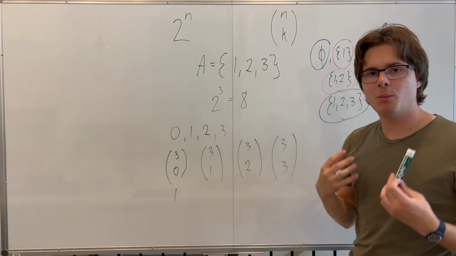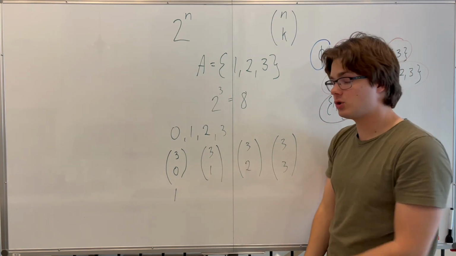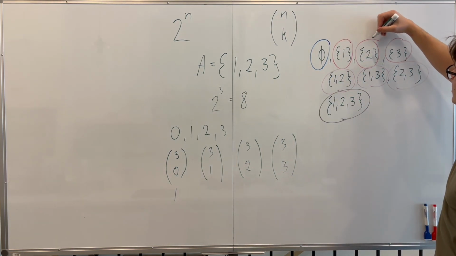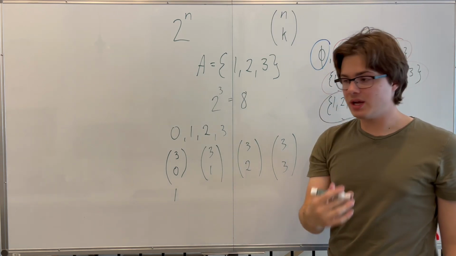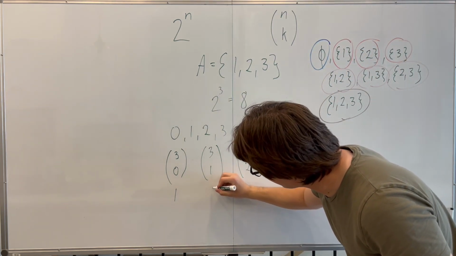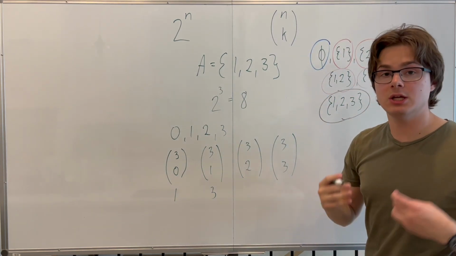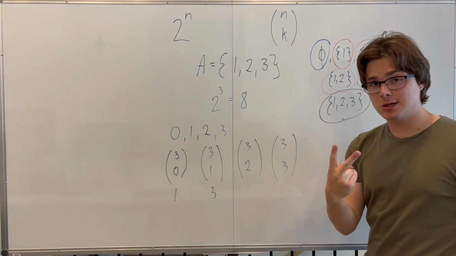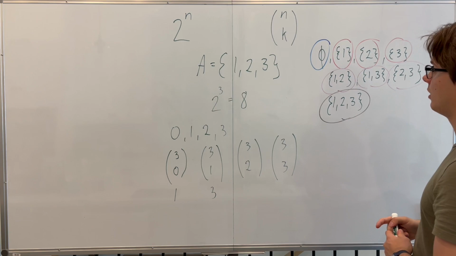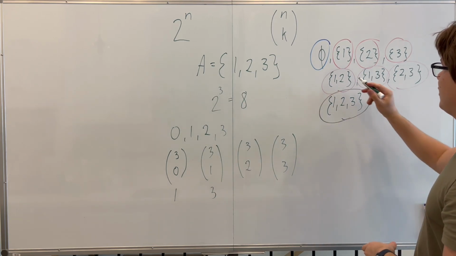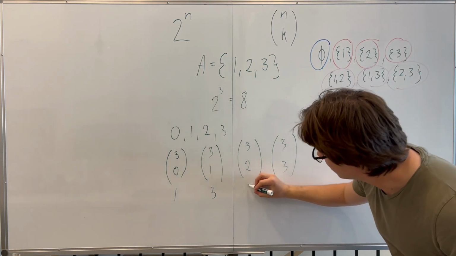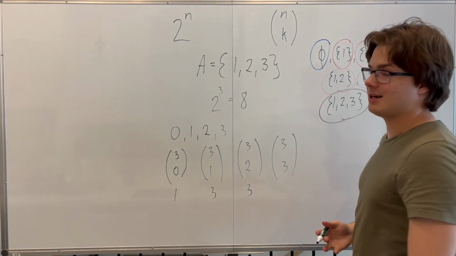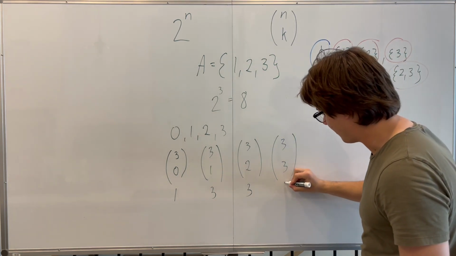How many ways, 3 choose 1, can I choose 1 element? Let's count them: 1, 2, 3. There are 3 ways to choose 1 element out of our 3 choices. How many ways can we choose 2 elements out of our 3? That's 3 different ways. And finally, how many ways can we choose all of them? There's only 1 way.